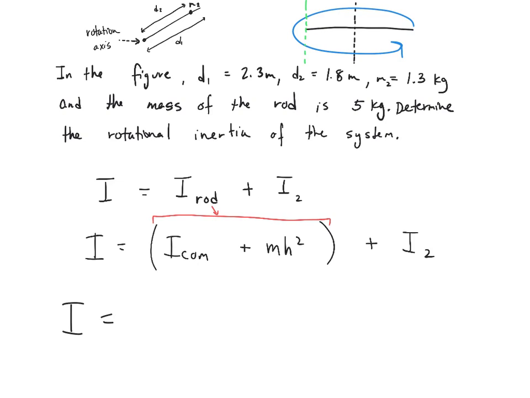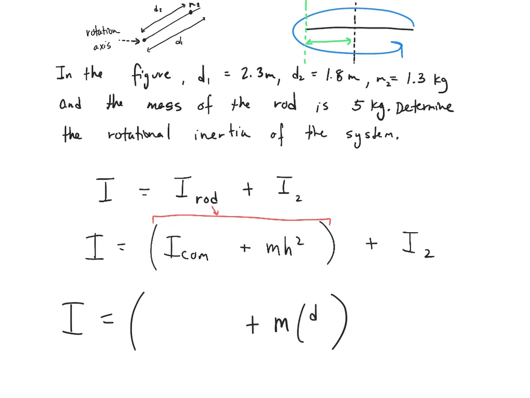So again, my h value is going to be half of the length of the rod. Half of the length of the rod. And that length of the rod is given in the formula. So that's where the mh squared is going to play a role. Now, I'll put the plus here, and this is going to be plus, what's the length of the rod given as? D1, right? D1, I think, in the problem.